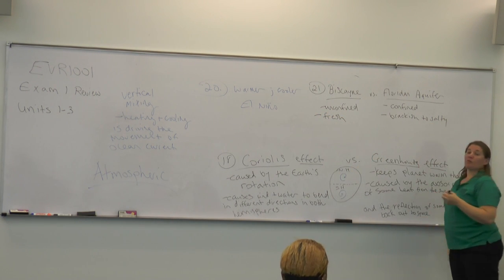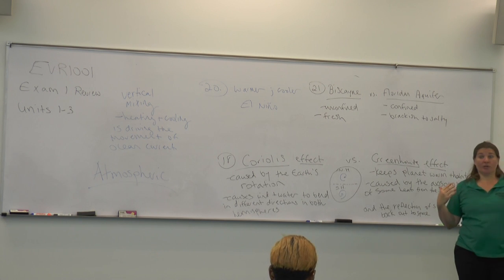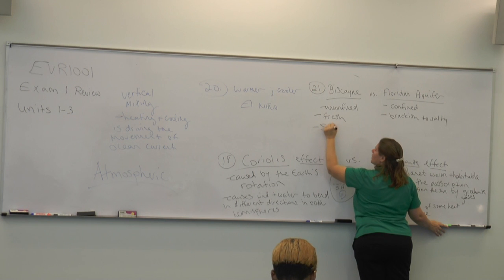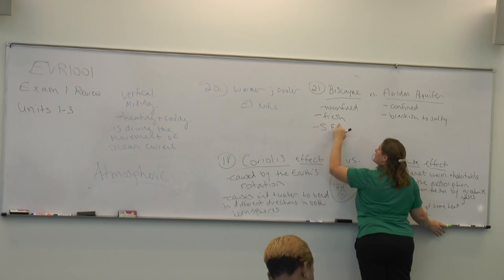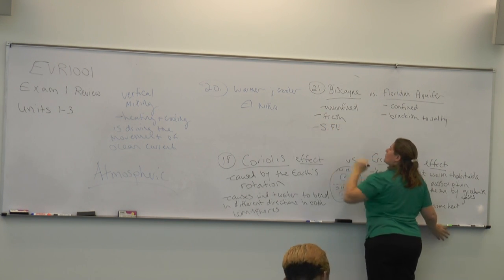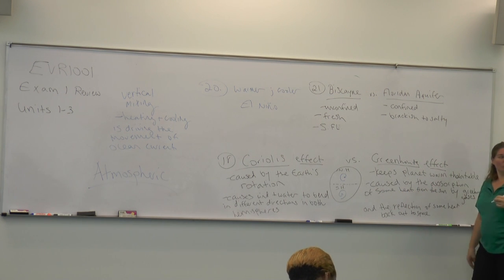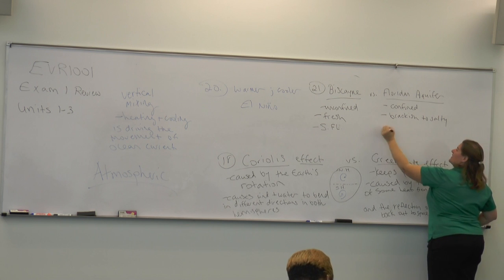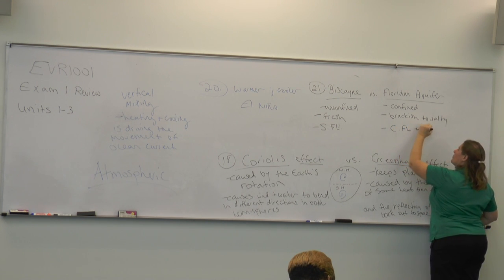Which one of these aquifers provides water to us here in South Florida? Biscayne. Okay. Water for South Florida, and the Floridan aquifer provides water for who? All Florida. Everyone. Central Florida and North Florida.